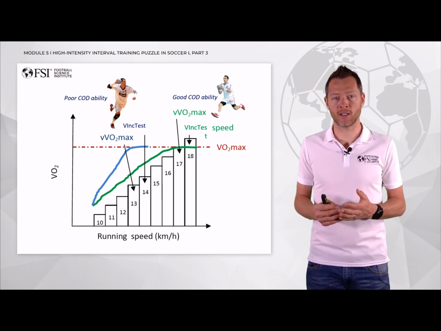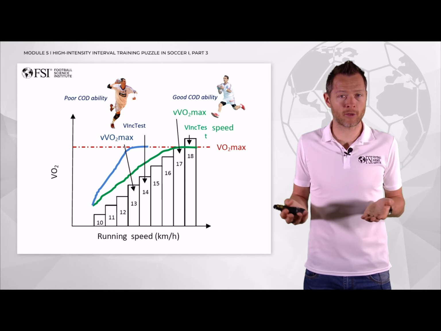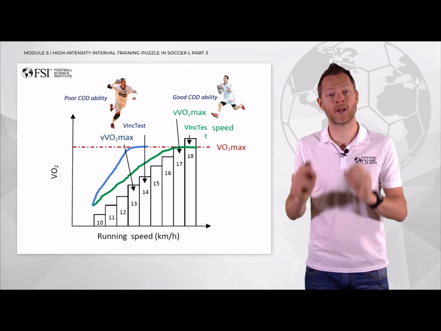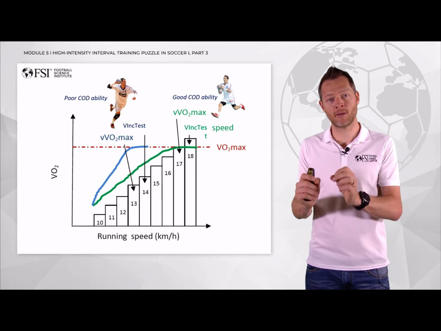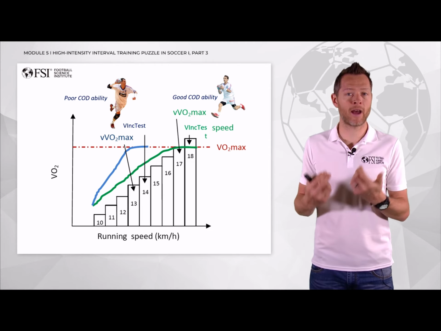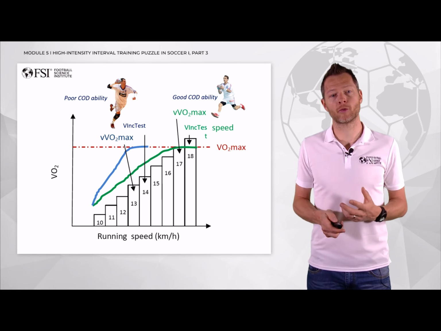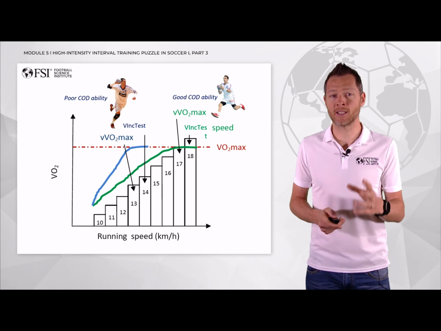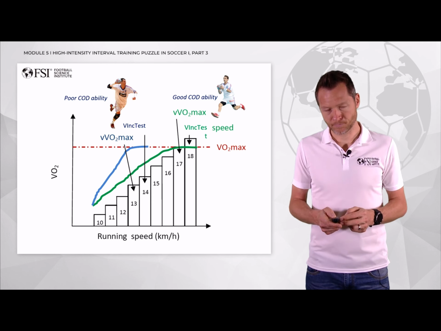What matters in the end, when we program intermittent exercise, is that we obviously couldn't use VO2 max to program, but we use their own maximal aerobic speed, or their own V incremental test speed, so that each of them is training at his own maximal aerobic velocity. To me, that's the best way to start thinking about implementing and targeting a proper intensity at the individual level for those players.